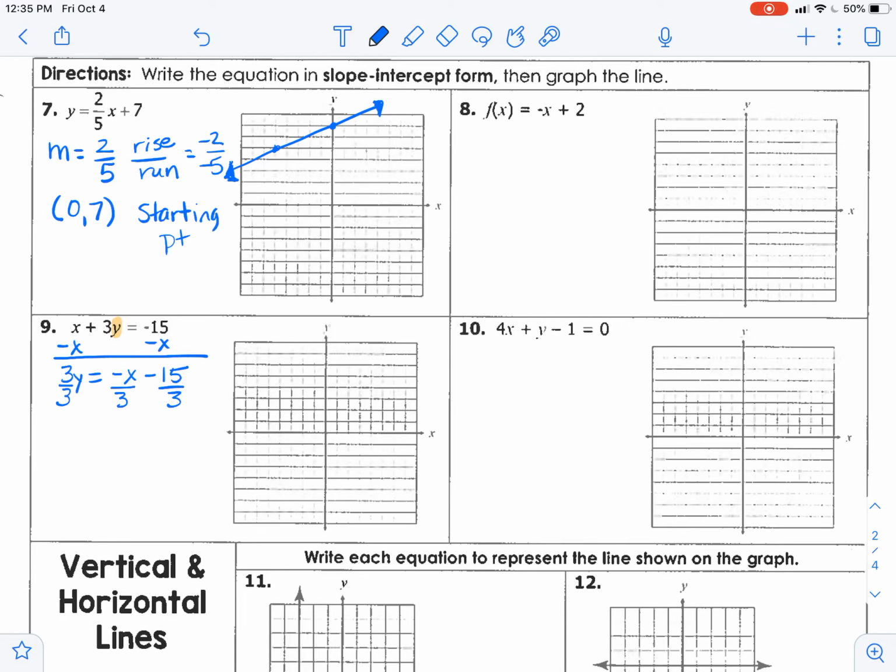Okay, and then that keeps that mx and the b separate. Now, what I see a lot of kids want to do, I'm just going to put this over here as an example, is they like to divide by 3, divide by 3. And again, that's fine, but at the next step, you have to separate it anyway. So that's why I just separate it.